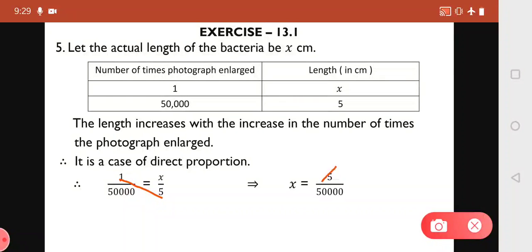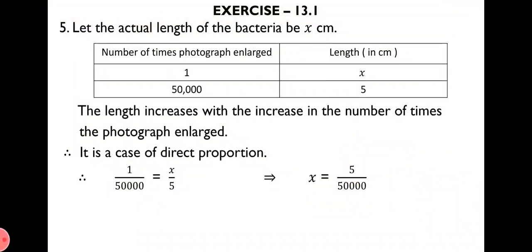Again you can cut: 5 ones are 5 and 5 here, 5 ones are 5, and 4 zeros remain as it is. So we will get the value of x equal to 1 upon 10,000 centimeter. Because we have learned in exponents and powers that this we can express in negative powers, that is x equal to 10 raised to minus 4 centimeter.